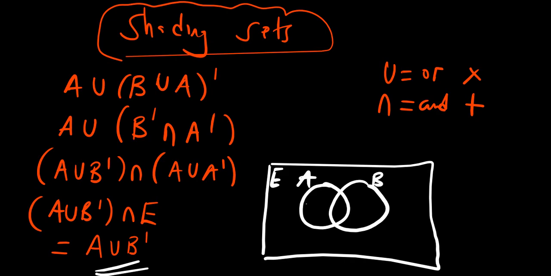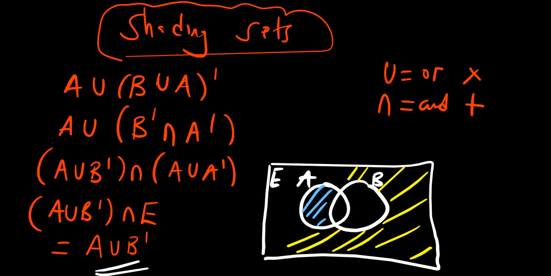Let's first shade the A, because let's combine the two sets. So A is this part. Then B complement is what is not found in B. Allow me to shade it using a different color. So what is not found in B is this. Okay, so you have shaded, and that's how you shade the sets.